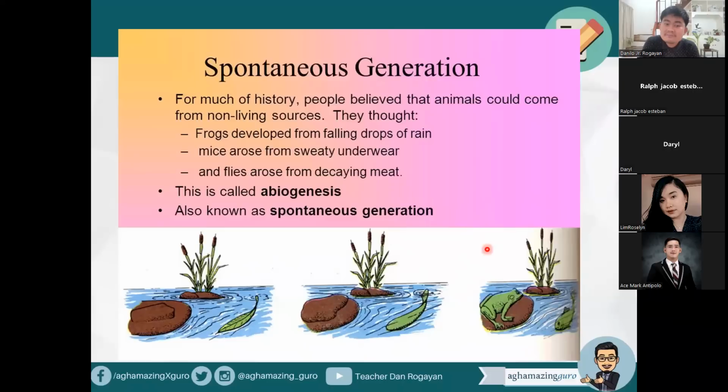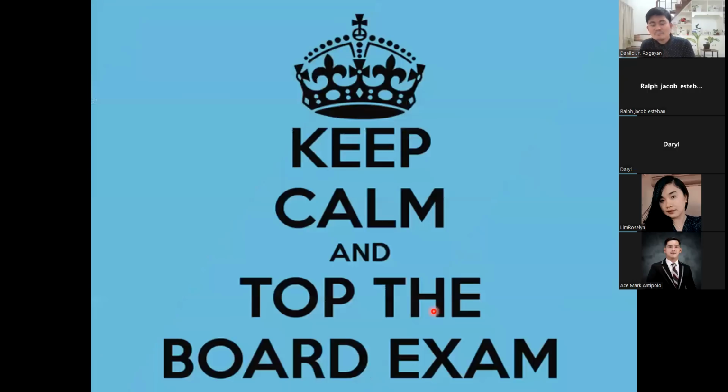They thought frogs developed from falling drops of rain, mice arose from sweaty underwear, and flies arose from decaying meat. Those maggots. This is called abiogenesis, that non-living things can bear a living thing. Also known as spontaneous generation, which is not true. So that's all.